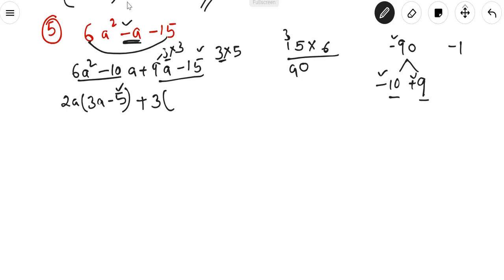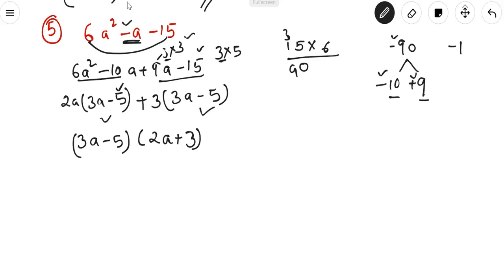If I take 3 outside, what is left? 1 3 is left here, so 3a minus 5. Now in this equation, what is common here? This is common and this is common. So this common value I'm going to take out, 3a minus 5. So what is left? 2a plus 3. So these two are factors of problem number 5.